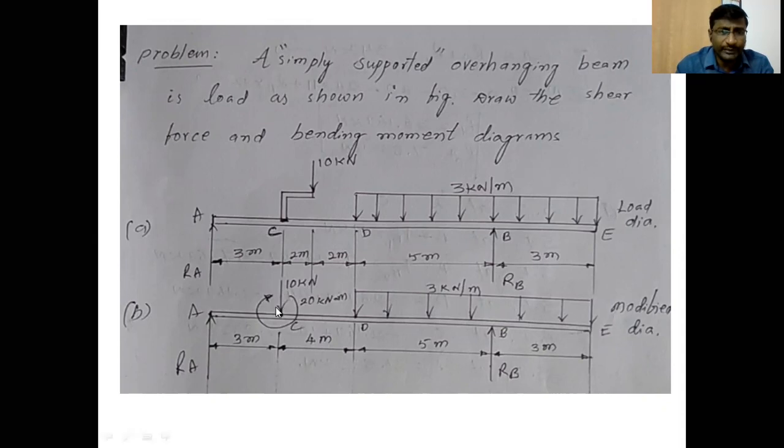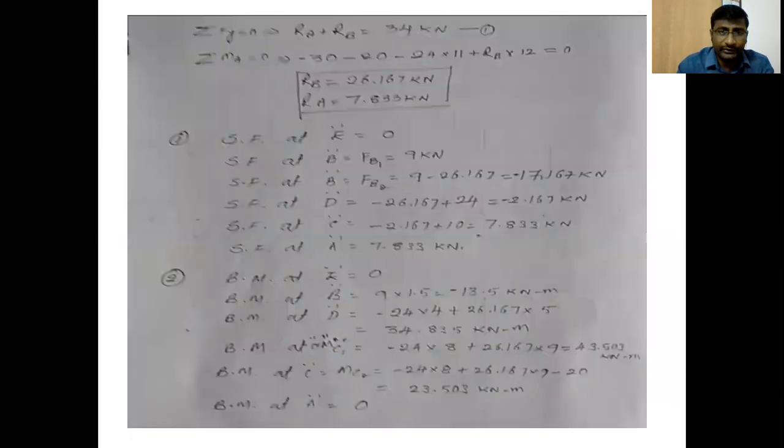So shear force at point C, FC1, means all the forces on the right side. On the right side, what are the forces? Just now we calculated the shear force at point D. That will continue up to point C, because there is no load between C and D. So the shear force diagram is a horizontal line between C and D. So FC1 is also minus 2.167, which is horizontal.